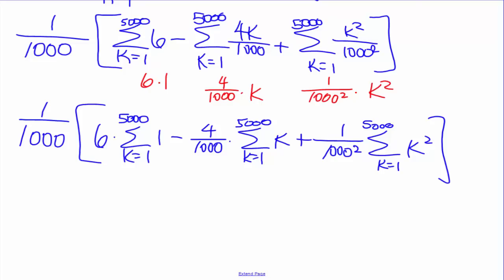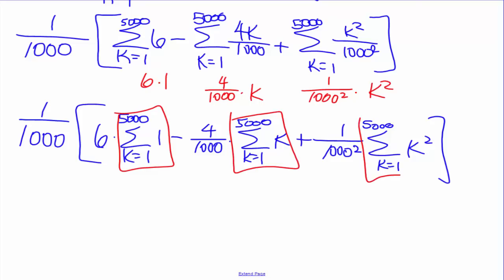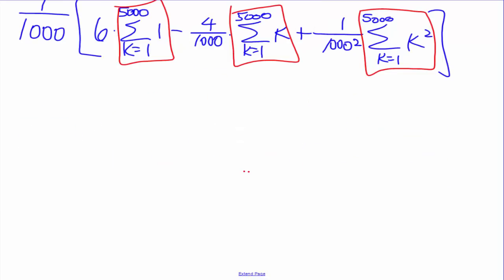We are almost done, because now all we have to do is replace each of these sums with their formula equivalent. So when we go to do that, we get 1 over 1,000, 6 times the formula equivalent of the sum of 1 from 1 to 5,000, which is 5,000.